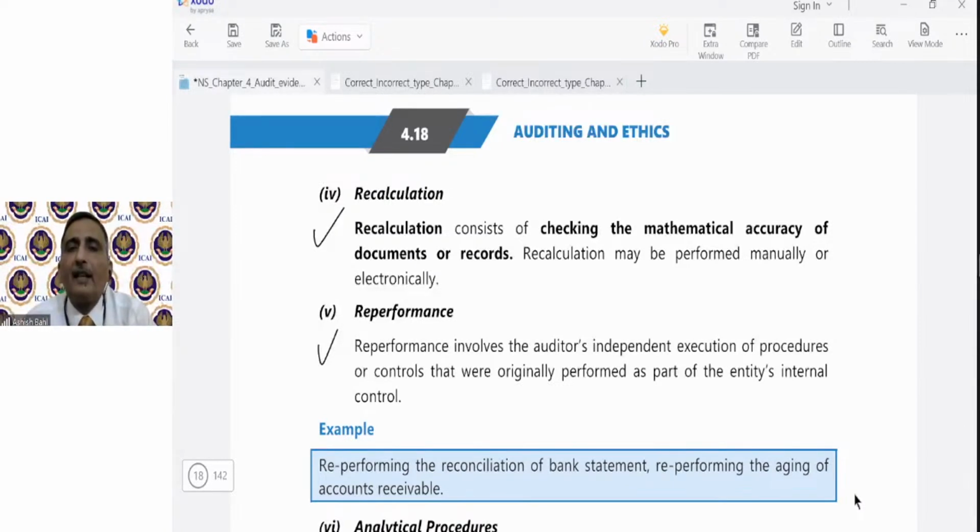I have given this example in the past too. But the auditor again makes his own bank reconciliation statement, and he tries to tally the results of both of these. So what he is doing, he is reperforming.